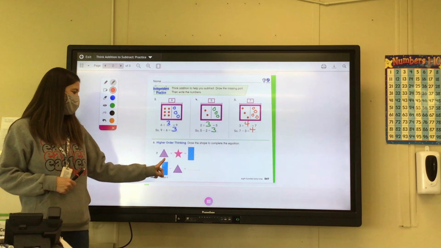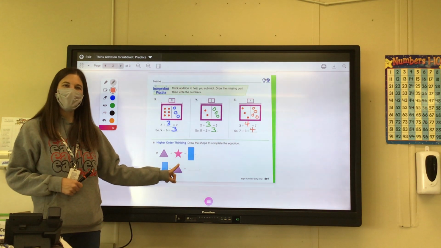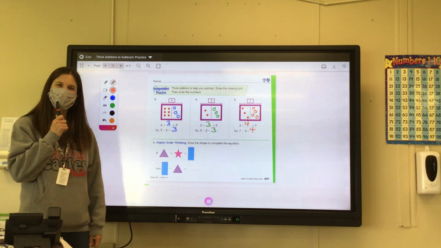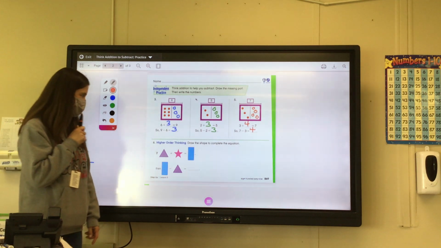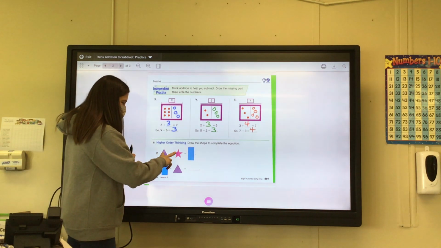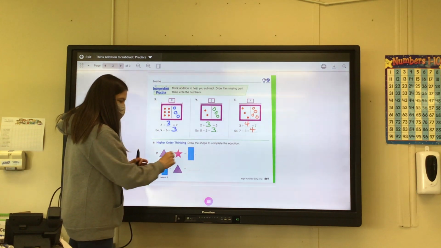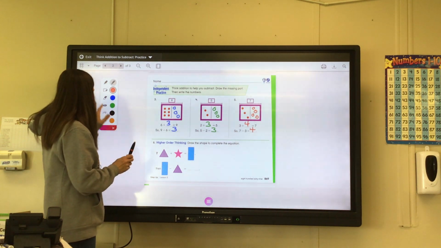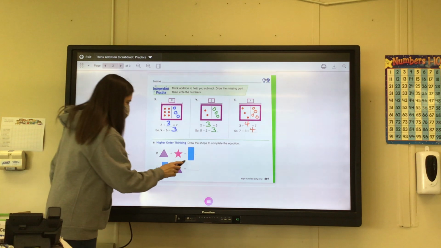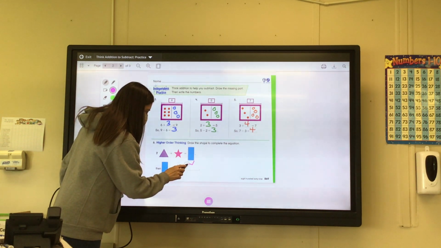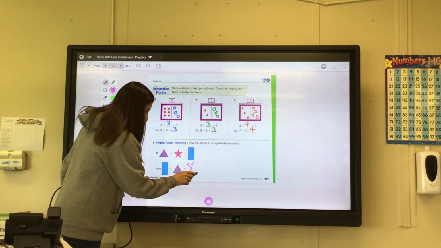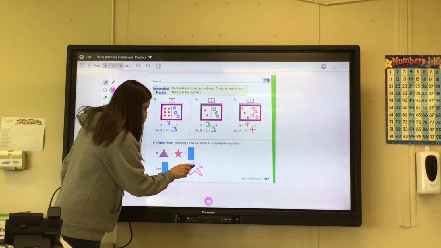Then rectangle minus triangle equals what? What do you think? So these are the two parts that make the whole. So then the whole minus 1 part equals the other part, which is star. So try your best to draw a star here. Just try your best.